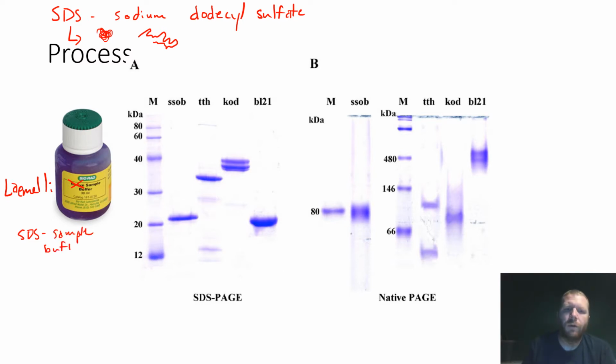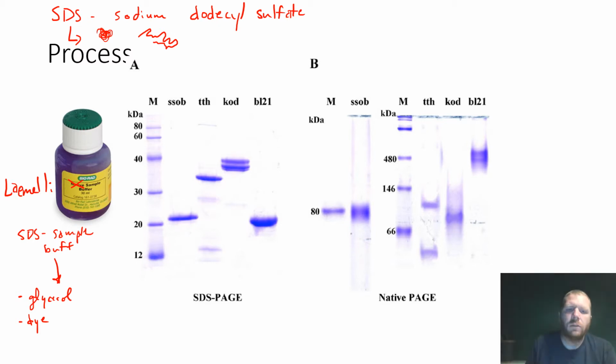Now, this sample buffer has a couple of things. It's got glycerol for density, so that it can pull down a sample in a well before you turn the electric field on. It's got a dye, so you can visualize as the proteins migrate through the gel.